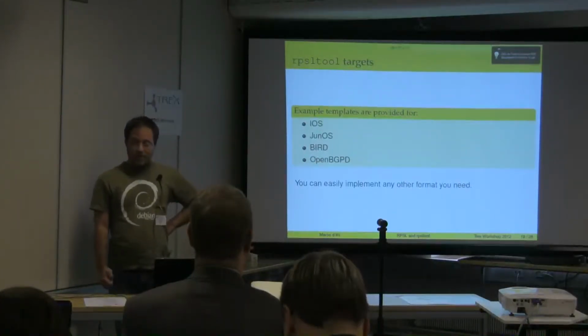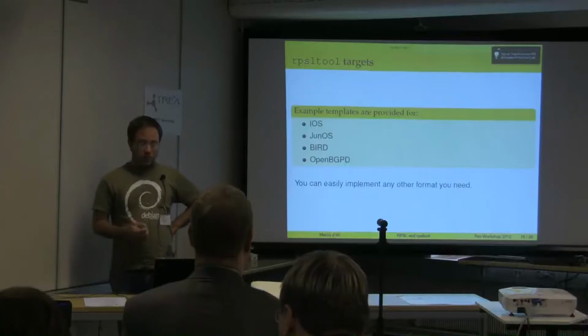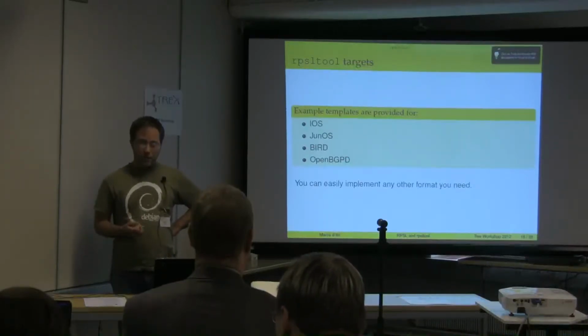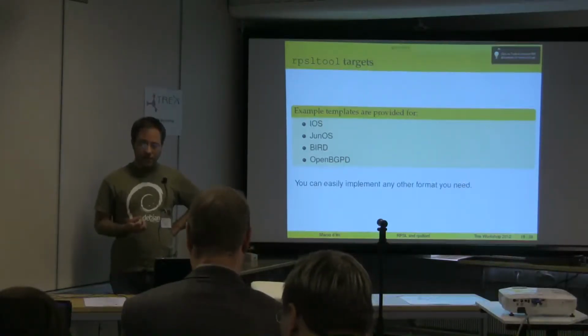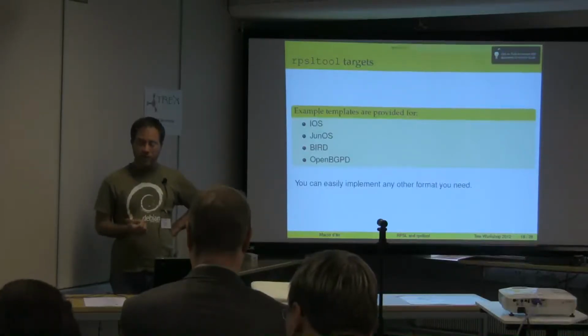The beauty of this system is that by changing a template, you can change the output with the same configuration. Some internet exchanges use RPSLTool to generate from a single configuration the configuration for different BGP implementations.